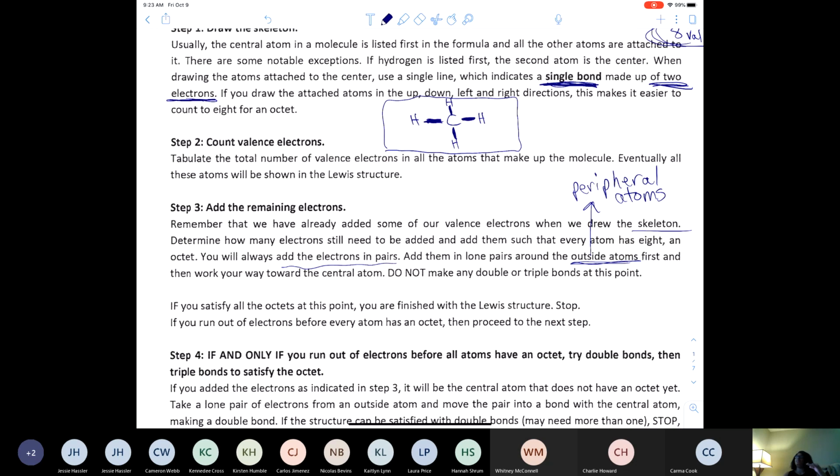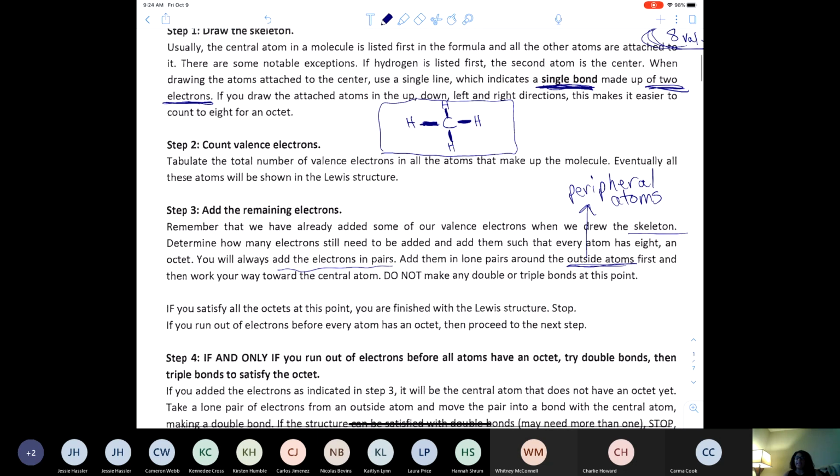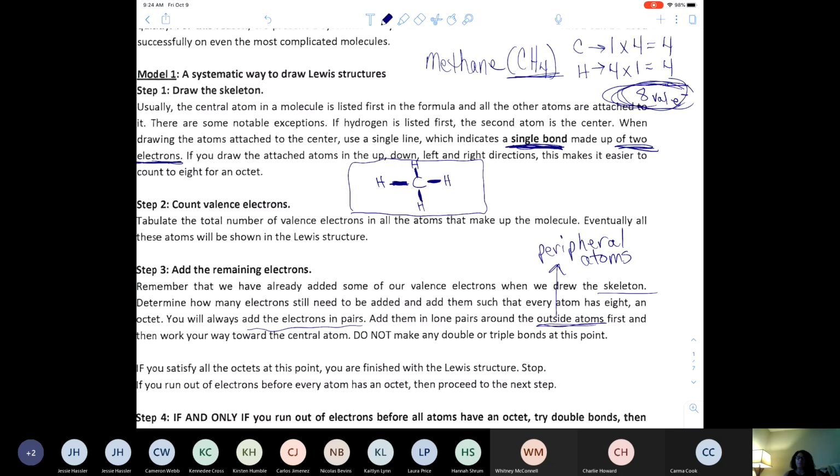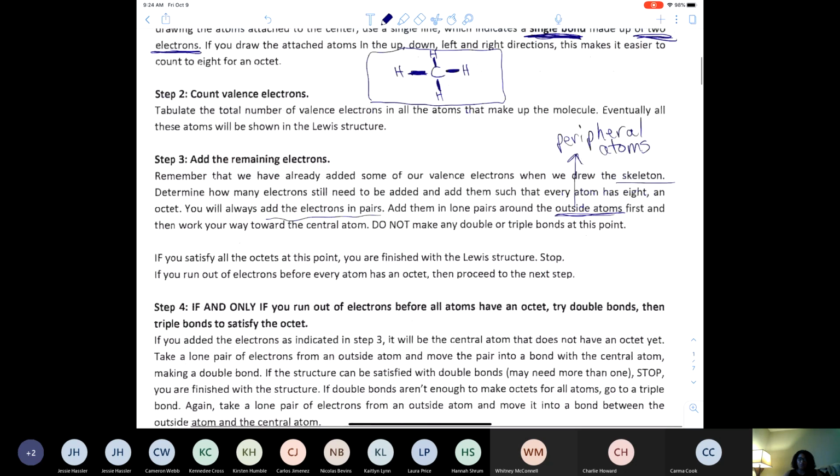After you do this, count up how many electrons you've put in your total Lewis structure. If the octet rule is satisfied for each atom, the central and the peripheral atoms, and the total number of electrons you put in equals your total required number of valence electrons that you've already determined, then you're done with your Lewis structure.